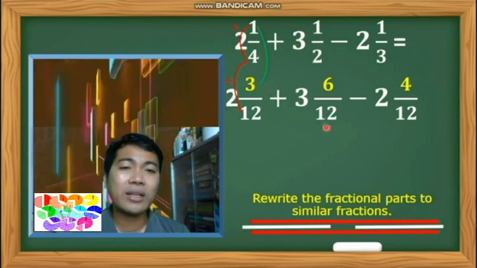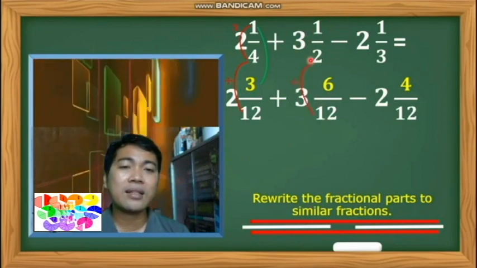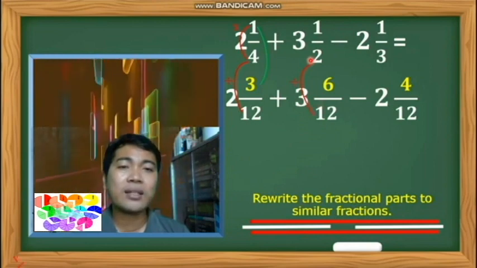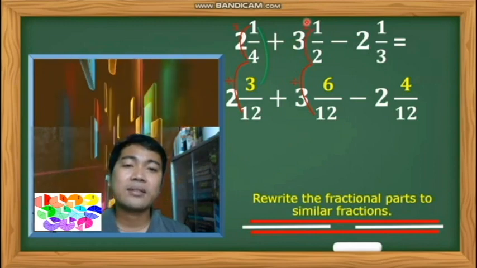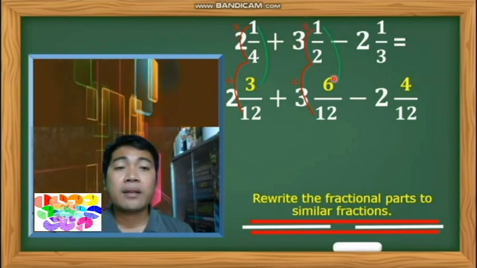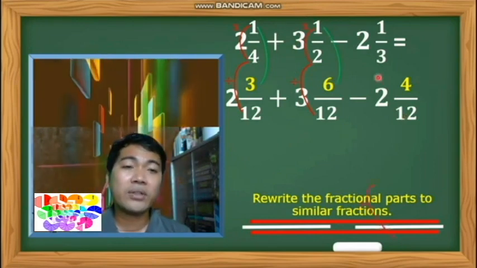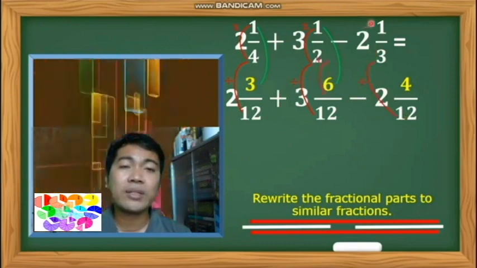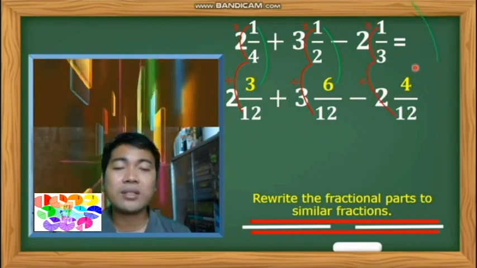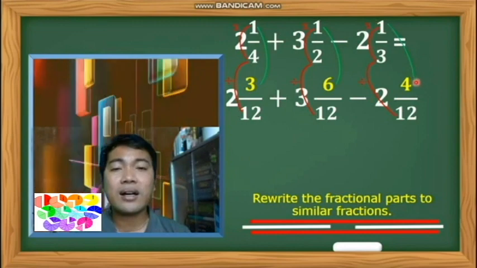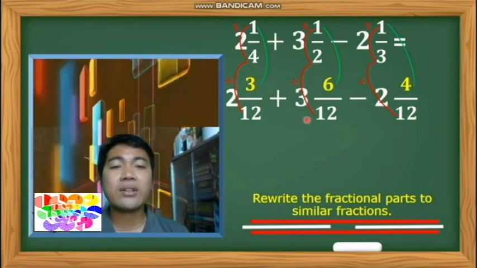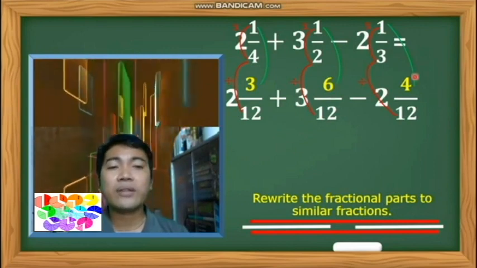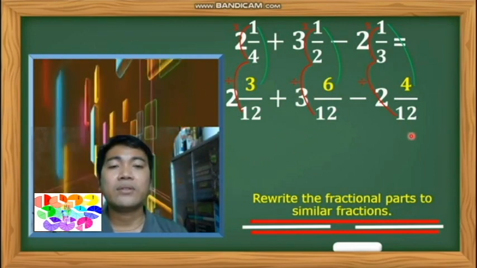So, 12 divided by 2 is 6. And then, 6 times 1 is 6. Next, 12 divided by 3 is 4. And then, 4 times 1 will give us 4. Now, the new fractions are 2 and 3 over 12, 3 and 6 over 12, and 2 and 4 over 12. Alright.